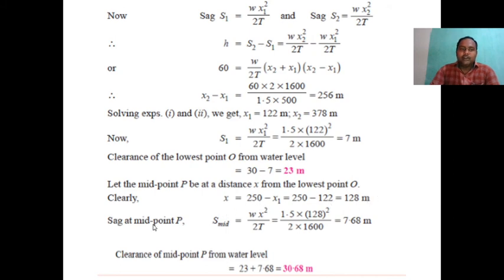The sag at the midpoint is 7.68 meters. Clearance of midpoint P from water level is the clearance of the lowest point, 23 meters, plus the midpoint sag 7.68 meters, totally 30.68 meters.